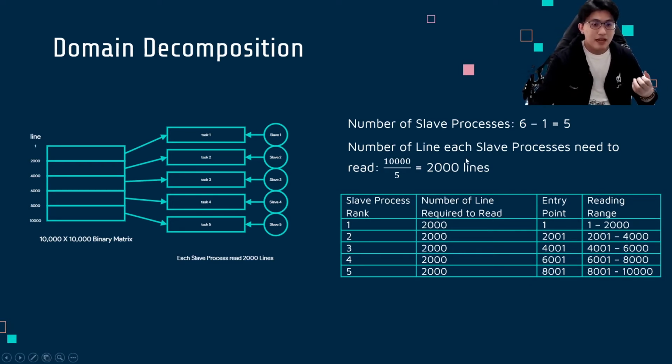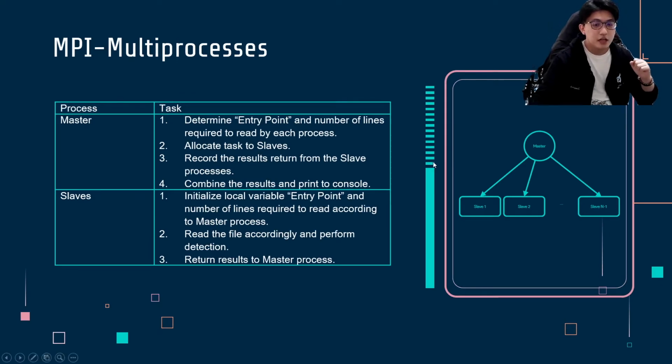So how do we actually break the file into smaller chunks? The master process will compute the entry point for each slave process and then tell them the number of lines required to read. Different slave processes enter the file at different positions, so when all slaves have read their parts, the whole file has been read. Before we take a look at the source code, let me summarize the MPI multi-process model.